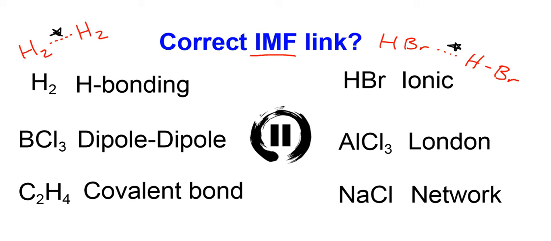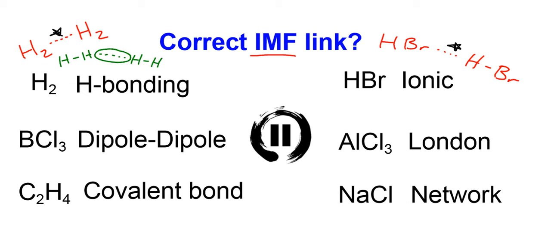My suggestion to you is pausing the video and simply writing underneath, thinking about what would be that IMF. I will just give you one example quickly: if H2 was bonded through IMF to another H2, let me actually draw this out. Here's one hydrogen, and it's attracted to another hydrogen molecule.